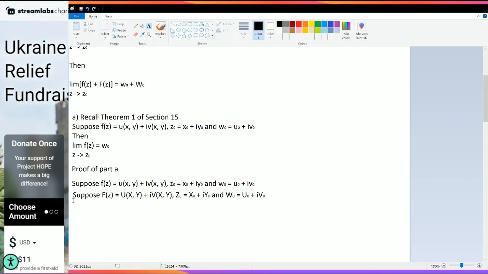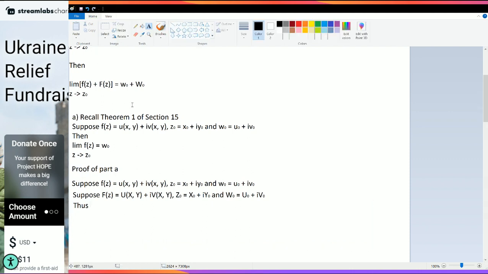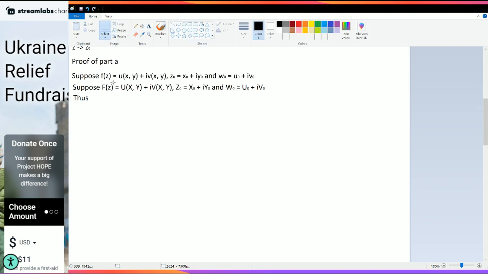Well, then we have this equation plus this equation.